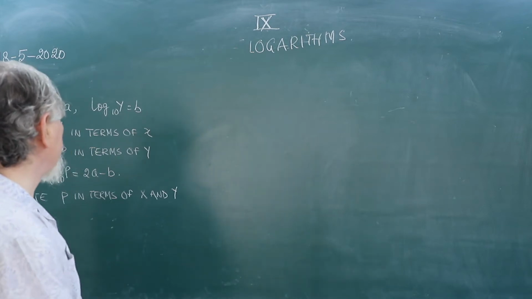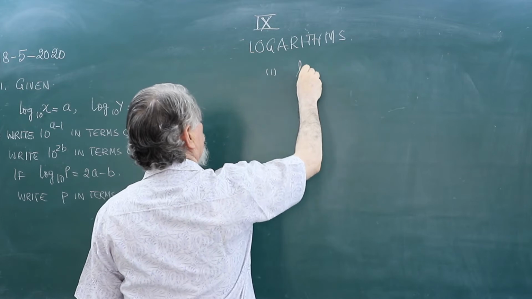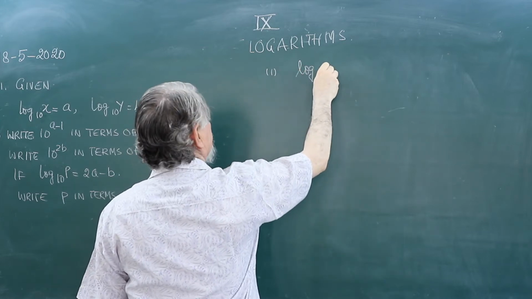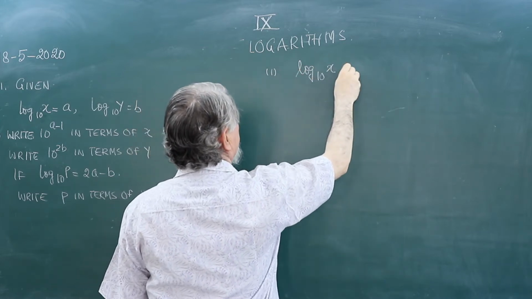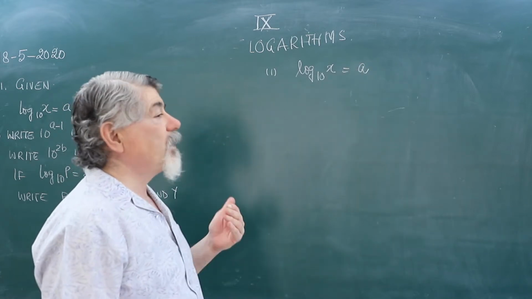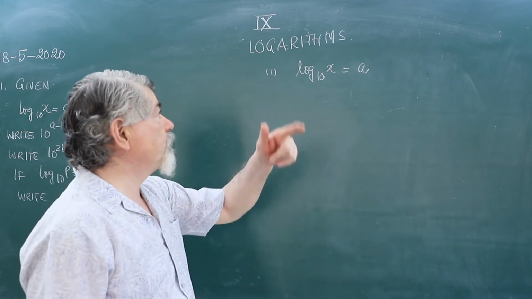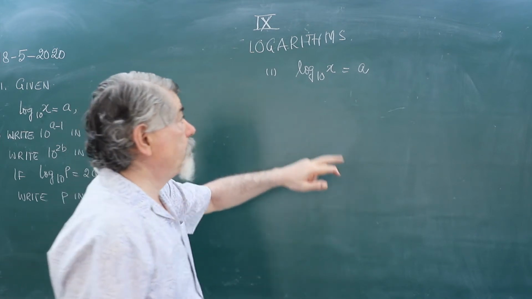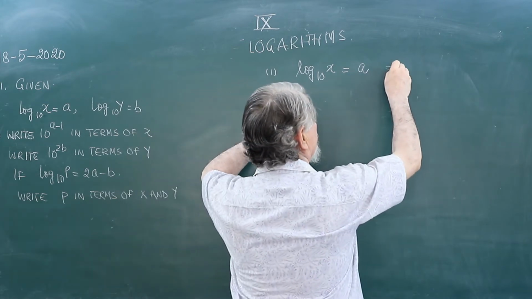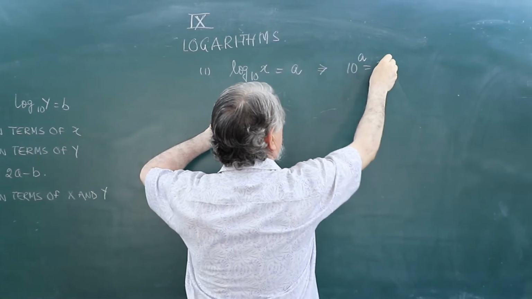We always told you that if it is log, for example, log x to the base 10 is equal to a, then if I want to change from the logarithmic form to the index form, it will become 10 to the power a is equal to x.